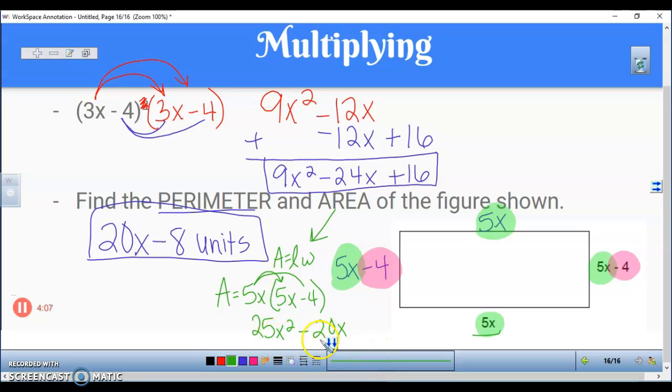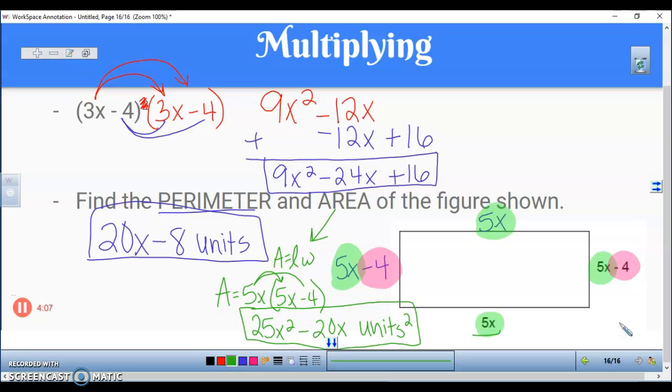I cannot combine like terms. I do need my units. Since this is area, this would be units squared or square units. That would be how I find the area of a region with polynomials, basically. So polynomial area or polynomial perimeter are two things that you could Google if you have trouble with that.